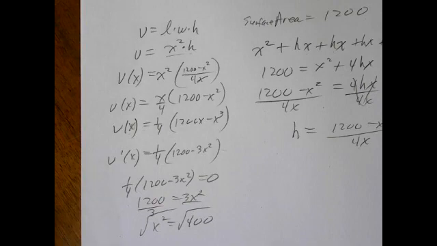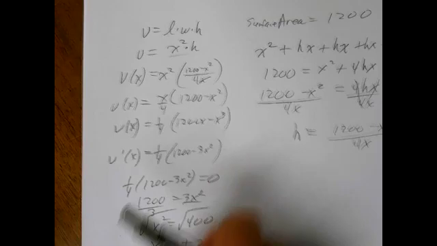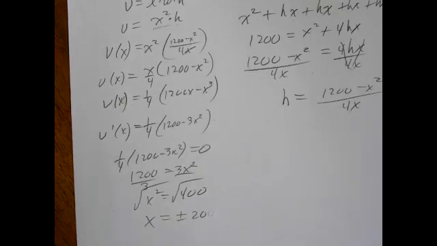Now, technically, extraction of roots says you get 2 answers. Technically, I get a positive and negative 20. But remember what your x represents. The x represents the physical dimension of a box.